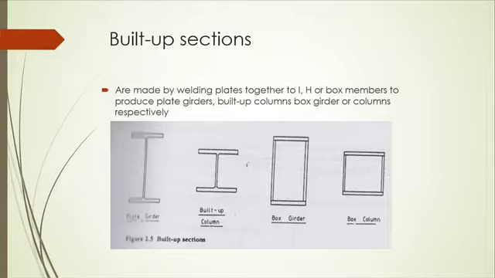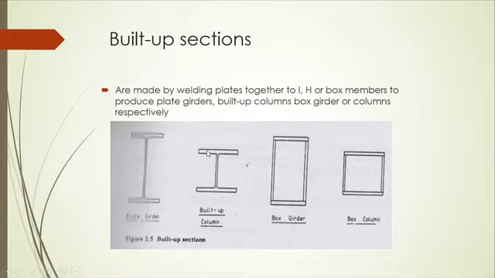And next one is a build-up section. Build-up sections are made by welding plates together to I, H, or box members to produce plate girders, build-up column girders, or column respectively. So I have a girder here, a build-up column, box girder, or box column. So basically, you combine plates rather than hot rolling it into a universal column.